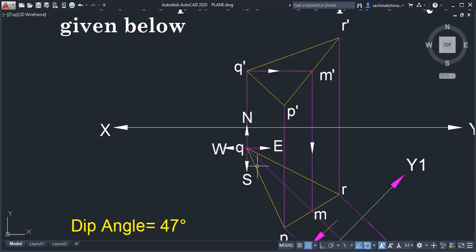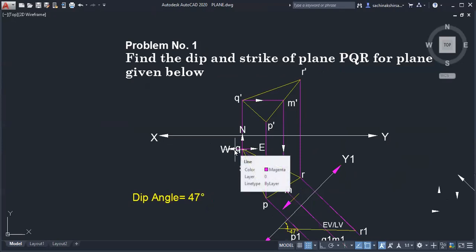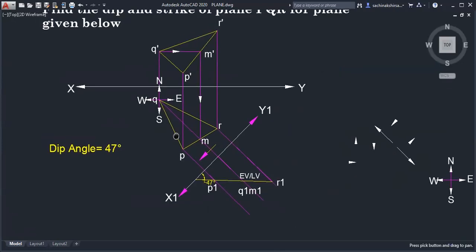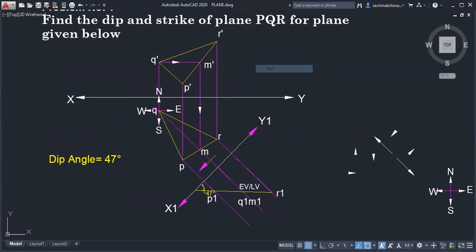And the angle made by the strike line. Which is our strike line? Which line did we draw initially in the front view? Q dash M dash. So Q dash M dash is called the strike line. The angle made by the strike line with the vertical direction, north or south.